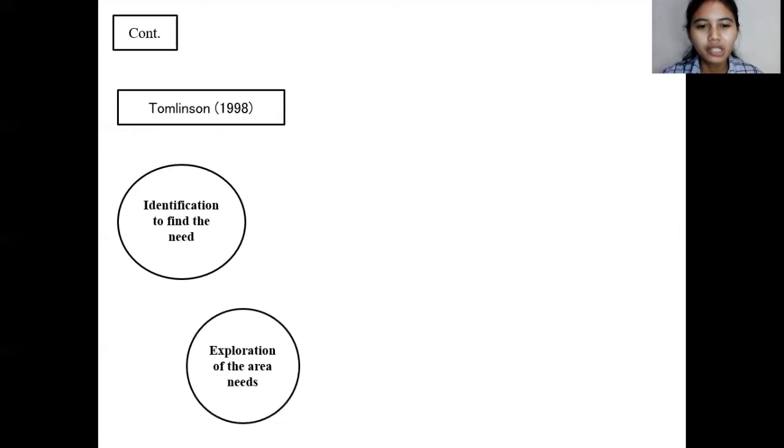Then exploration of the area of needs. After identifying the needs, we can explore the area of needs in terms of language, function, and also scale. Those 3 aspects can be used when we, as teachers, want to explore the needs of the learners.